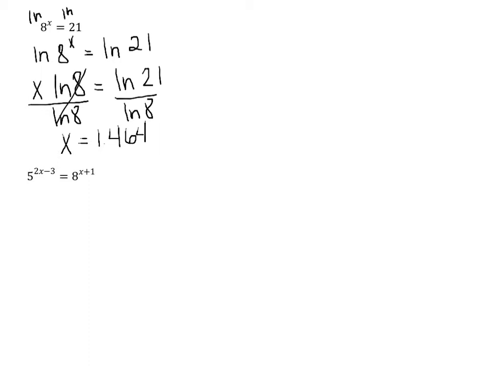Again, we have an exponential equation that we're trying to solve. So this time I'll take log base 10 of both sides. Why am I doing that? Because I want you to see it. You can, if you want to, stick with one or the other, that's fine.